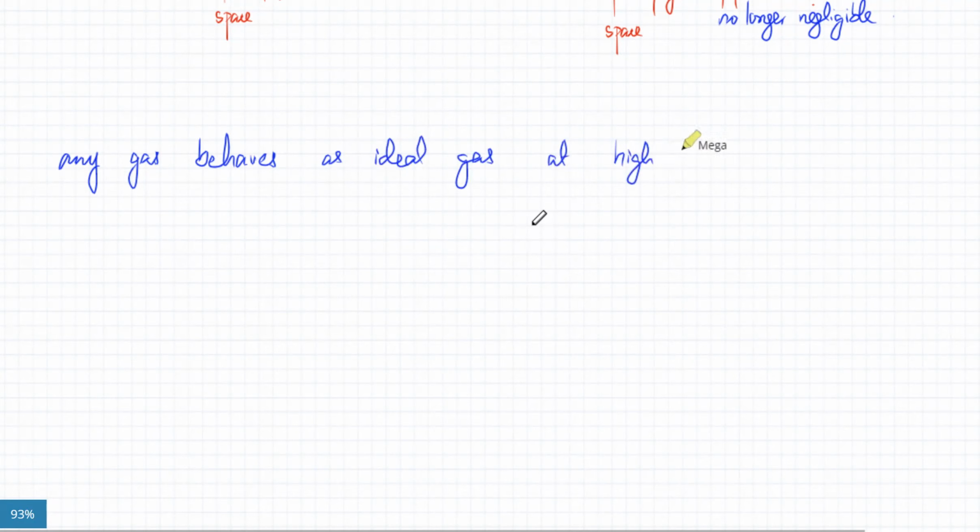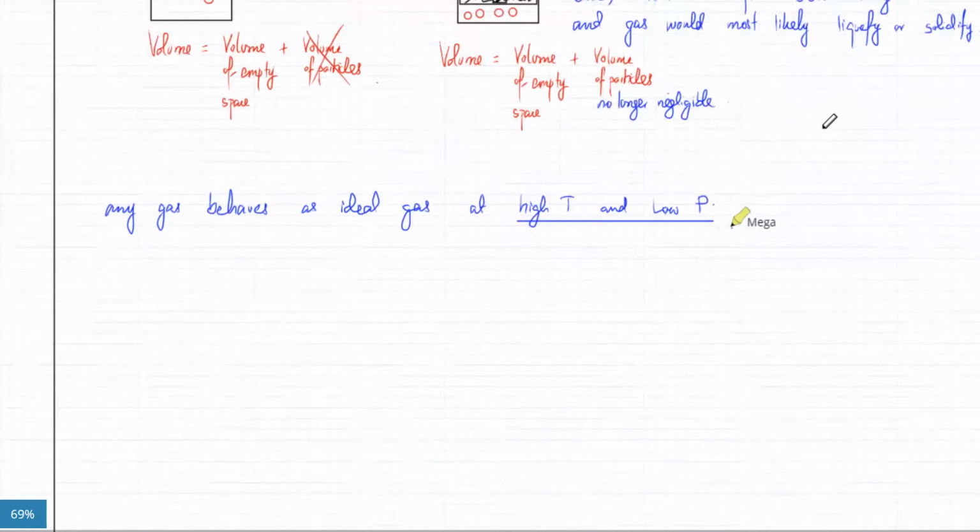Not high pressures, high temperatures and low pressures. So water is going to probably behave as a gas at high temperatures and low pressure, which is pretty obvious.